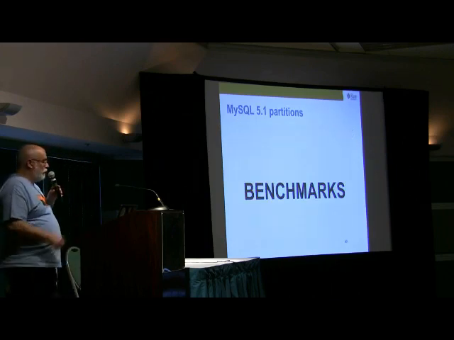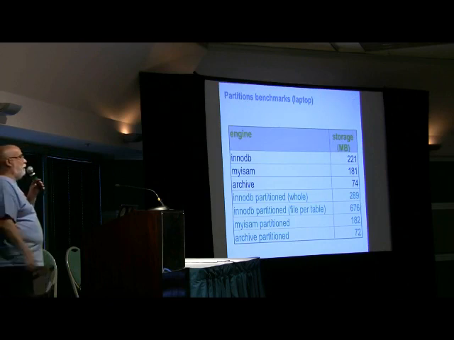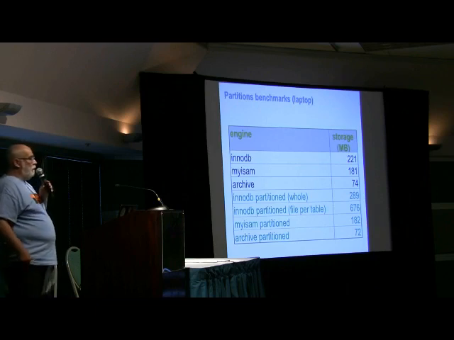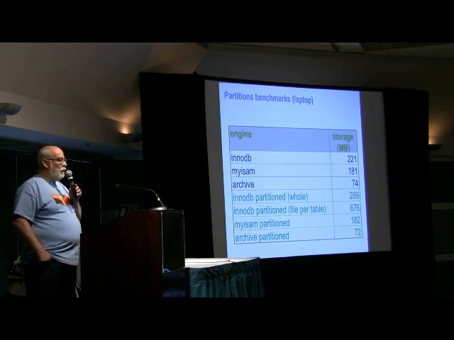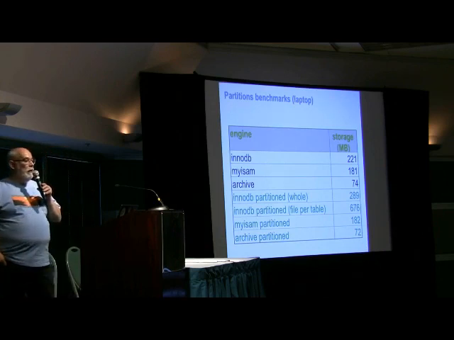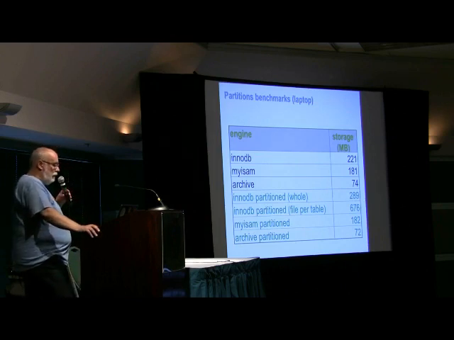Benchmarks, let me show you some numbers. Using my laptop and the database that I showed you before, I have a storage occupation of 2021 megabytes for InnoDB, 180 for MyISAM, 74 for archive. If I partition, InnoDB is a little bit larger.